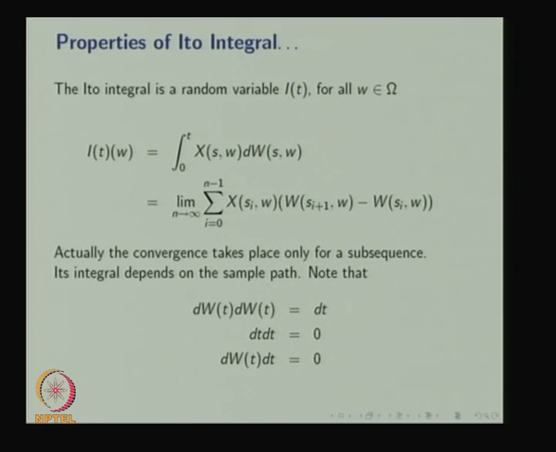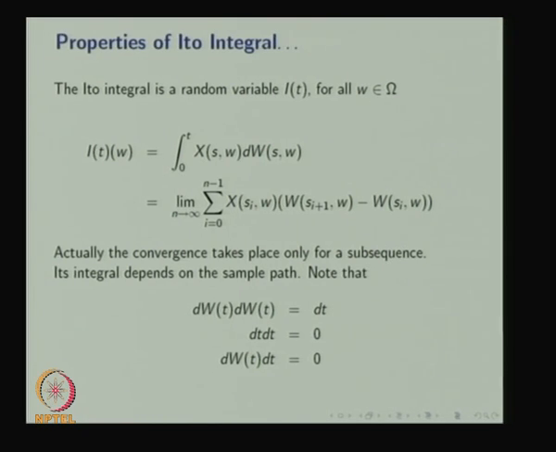Actually the convergence takes place only for a subsequence. That means I of t is a random variable, the convergence of the right hand side limit of the summation, and this integral depends on the sample path, because you are finding the difference W of s i plus 1 minus W of s i.